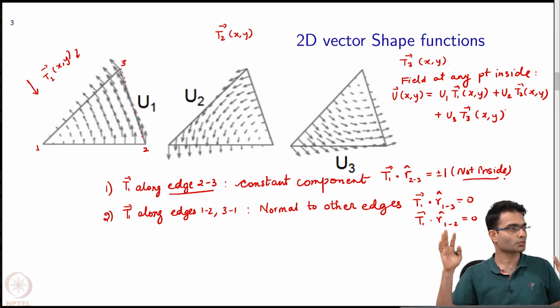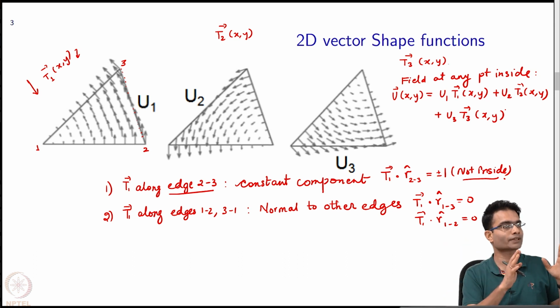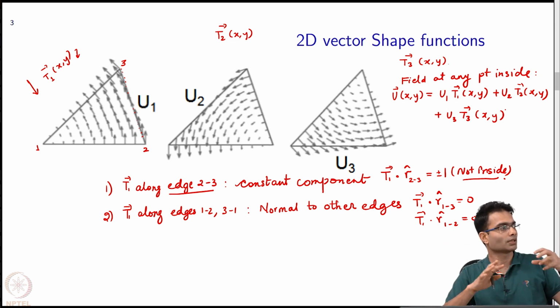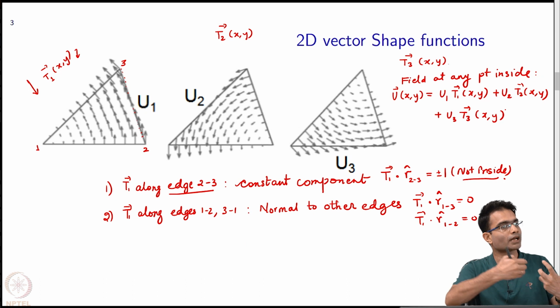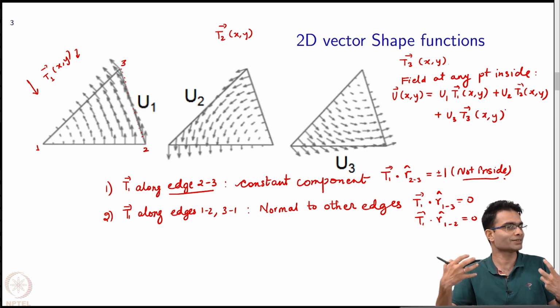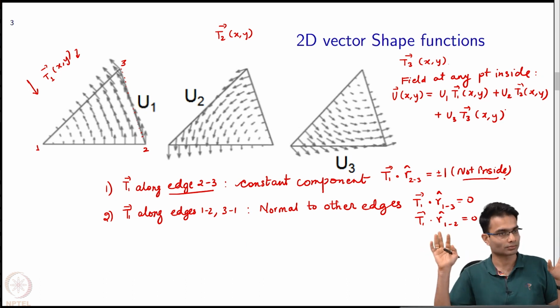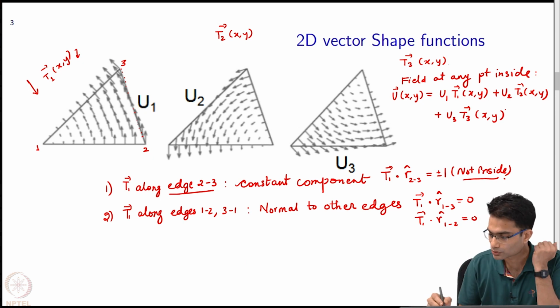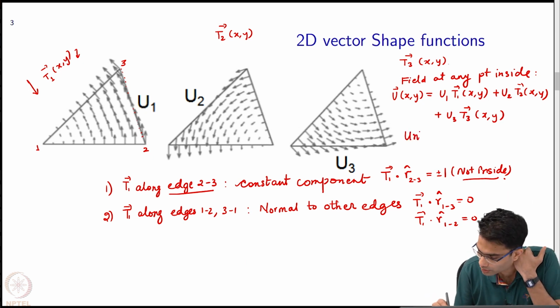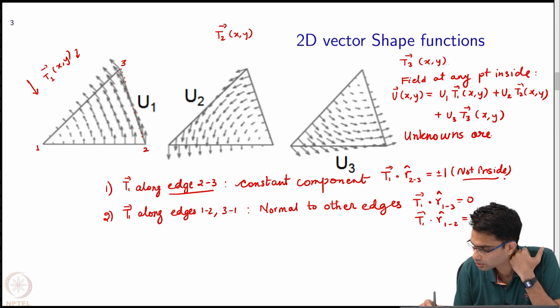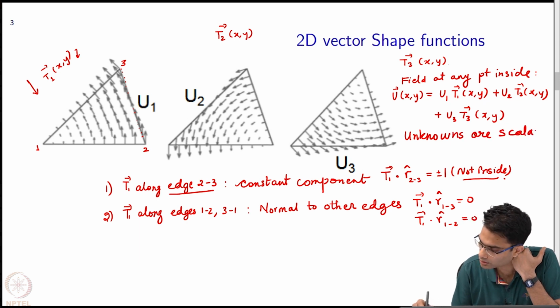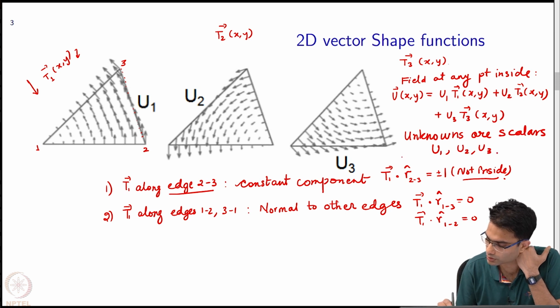So, what I have done is write the unknown vectors as a scalar unknown multiplied by a known vector field. That is easier to solve than everything being unknown, right. So, the unknowns now are scalars. What are the scalars? u1, u2, u3.